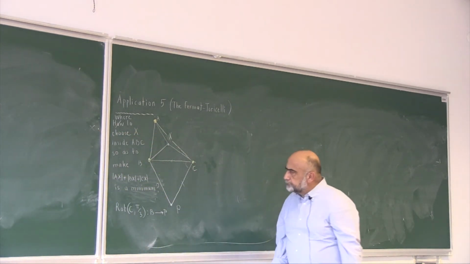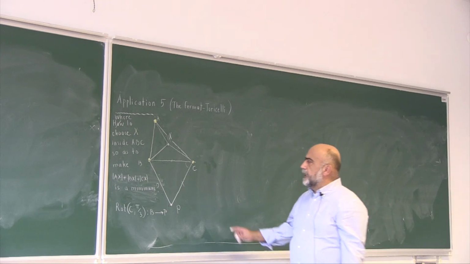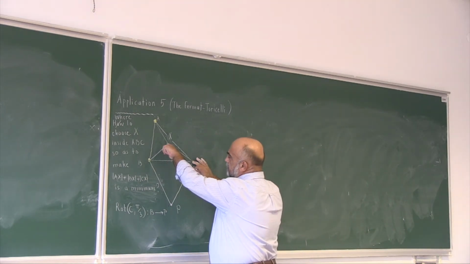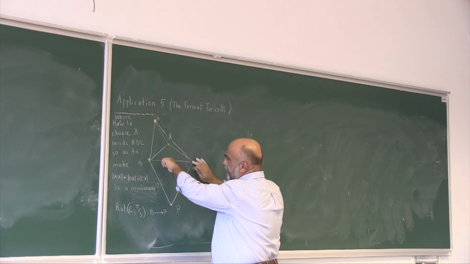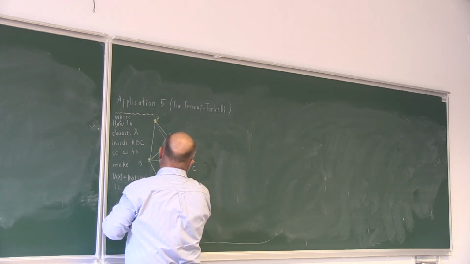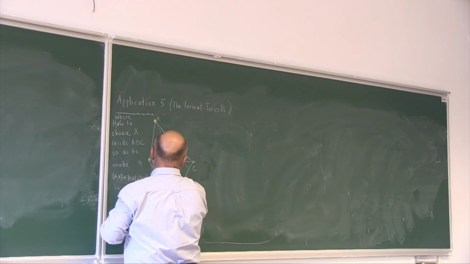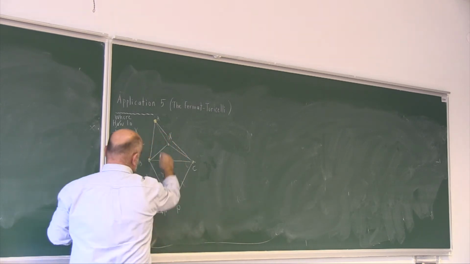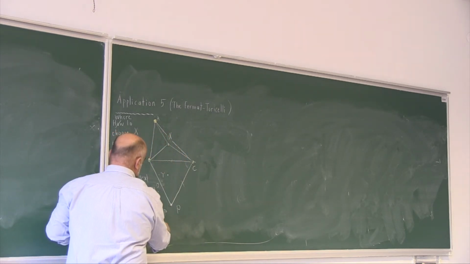Now, let's see what sort of effect it has on the point X. It rotates the point X and it occupies a position, let's say Y. So the point X moves into Y.